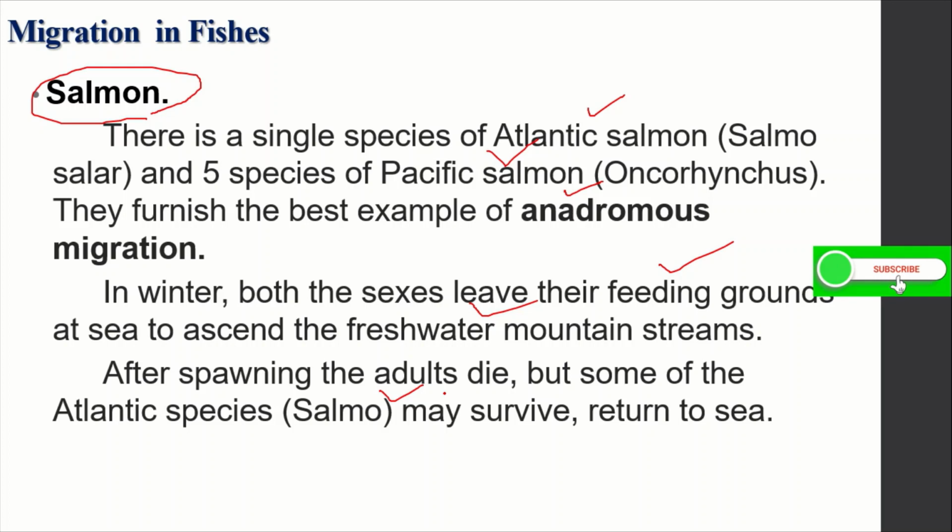After hatching, the larval fish feed and grow for some time in the streams, and then go into the sea, where they grow fast due to the abundance of food. They grow in size and become adults. So these are two examples of migratory fishes. This is all about migration in fish.